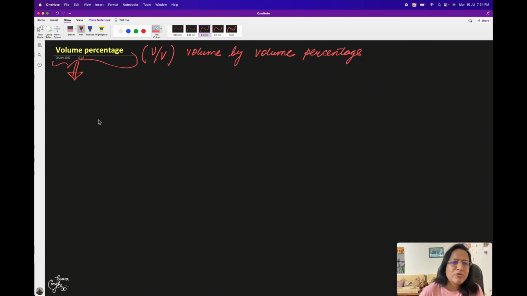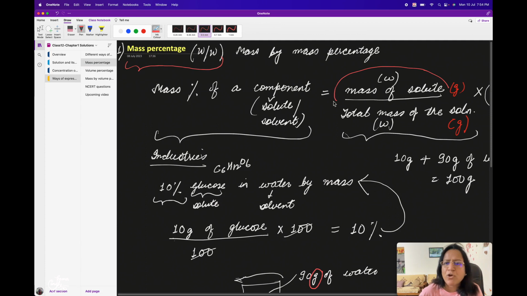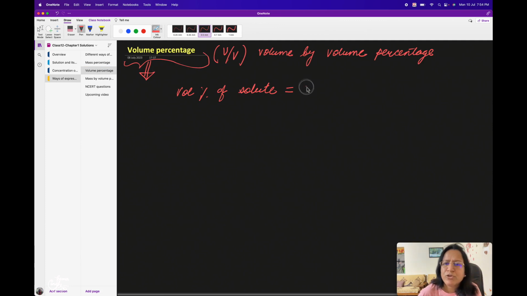So let's talk about the formula. We'll talk about volume percentage of component, let's say solute. Now there we talked about mass of the solute in mass percentage. See, we have done this just now. We talked about mass, right? Now we're going to talk about in terms of volume. So this is going to be volume of solute or solvent, whichever component talking about.